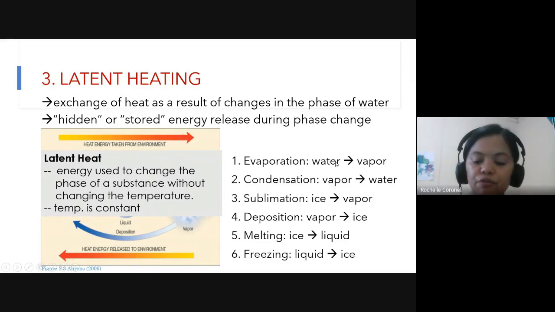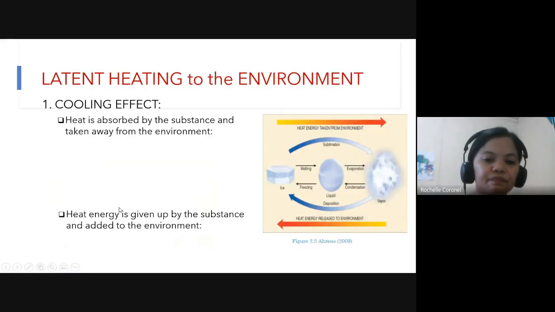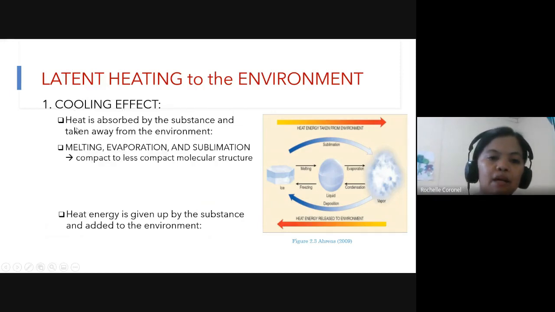Like at the point when there's no difference within water and vapor during evaporation, at that phase of evaporation, the temperature is actually constant. So there are two effects to the environment. First, the cooling effect.